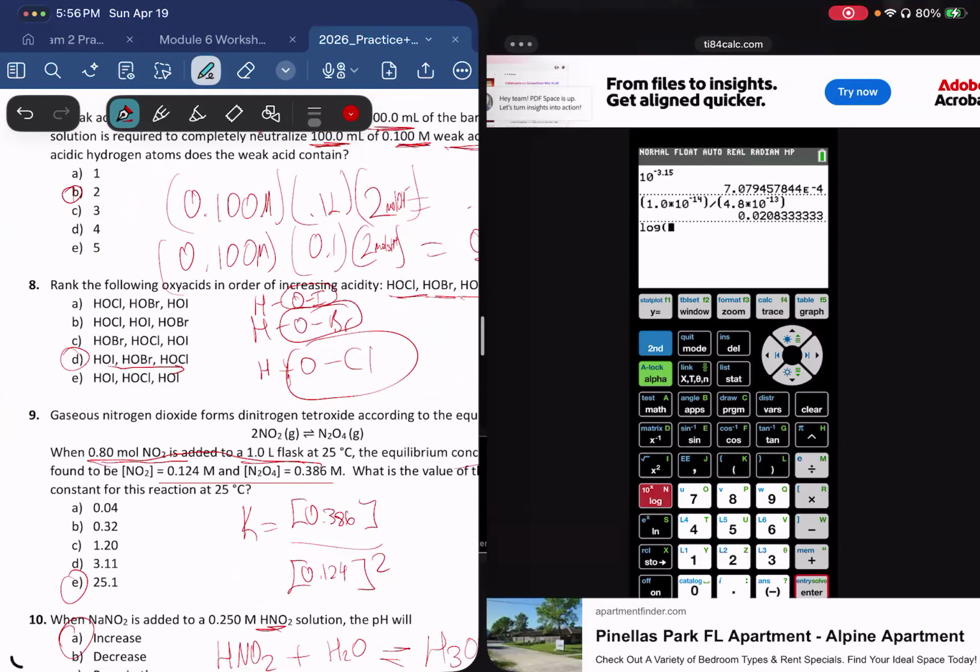So the reverse reaction is more dominant than the forward reaction. That's why D is wrong. And so B is the only one that's right, because this is such a stronger acid in comparison to HOCl, that's why this reverse reaction is happening to a greater extent than the forward reaction. Does that answer your question?